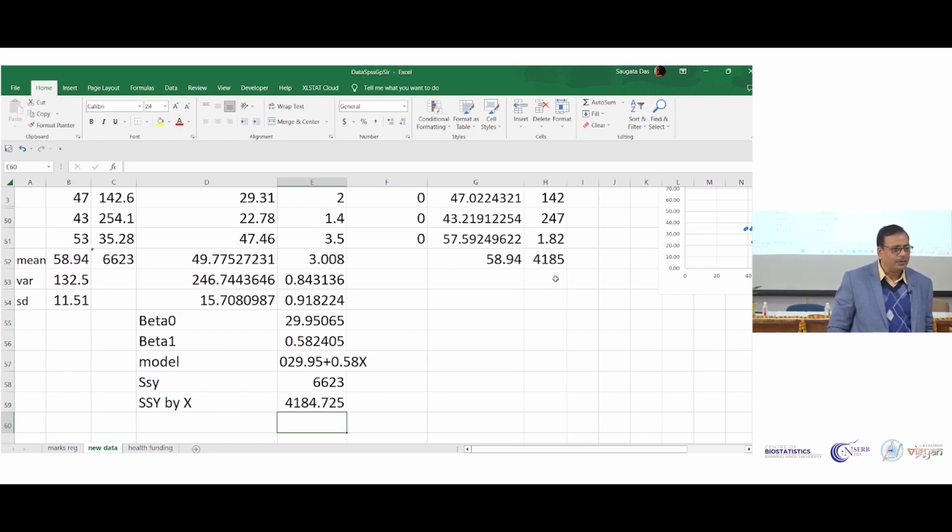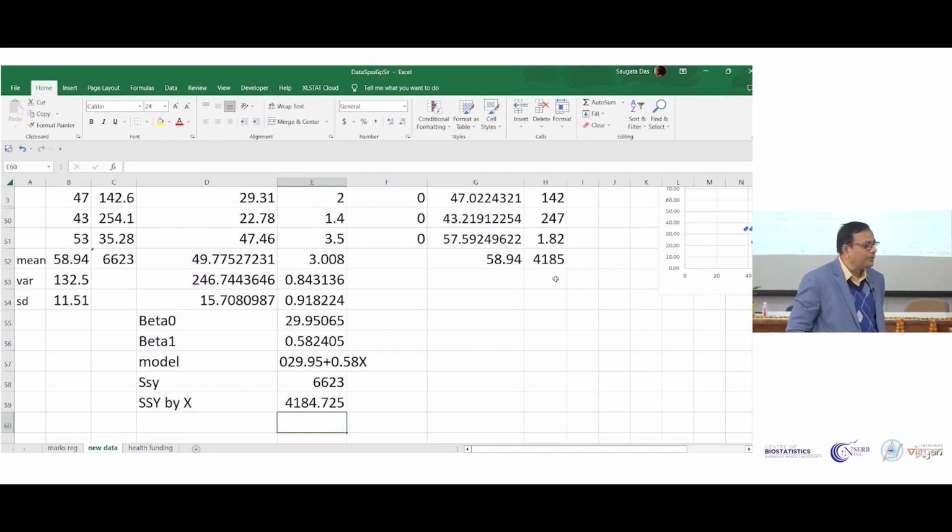What? Marks, the dependent. So will you ever get 1 in real life? No. A model is good if it has, a model is good in comparison to other model.